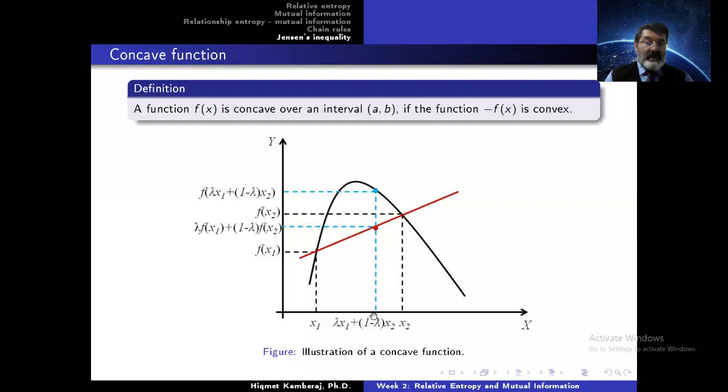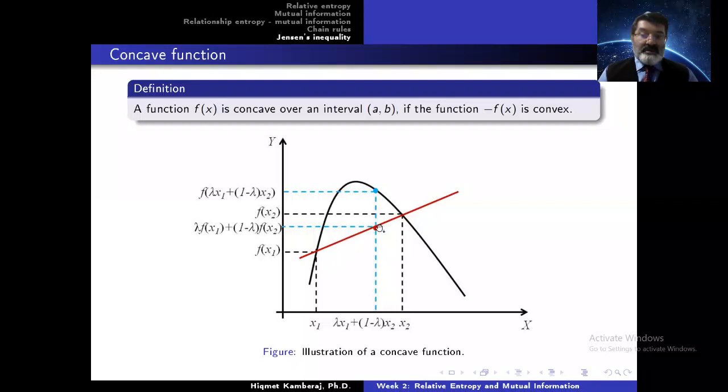Then we map this one along the y-axis, once along the red curve and once along the f of x function. Along the f of x function, it is as transforming the blue point into the y-axis, which is f of lambda x1 plus 1 minus lambda times x2. And according to the red curve, this is transformed as lambda times f of x1 plus 1 minus lambda f of x2.